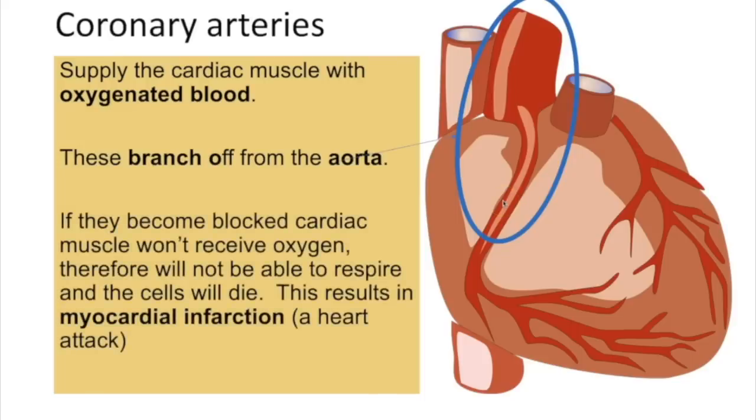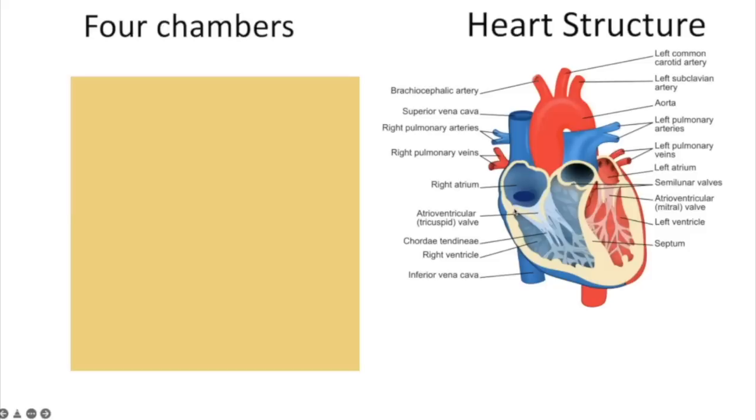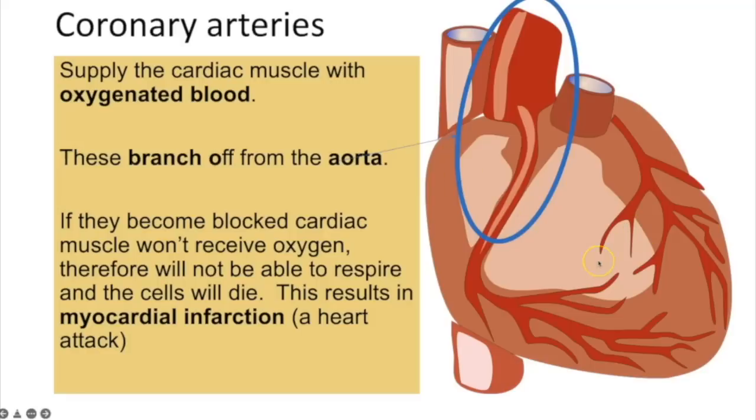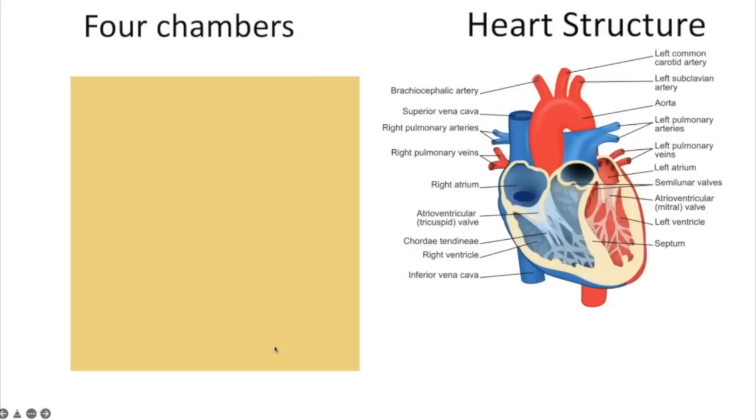And if one of those coronary arteries was to become blocked, that would then mean that the cardiac muscle wouldn't be receiving the oxygen or glucose, therefore the cardiac muscle wouldn't be able to respire and it would stop contracting. And that would cause a myocardial infarction, or in other words, a heart attack.